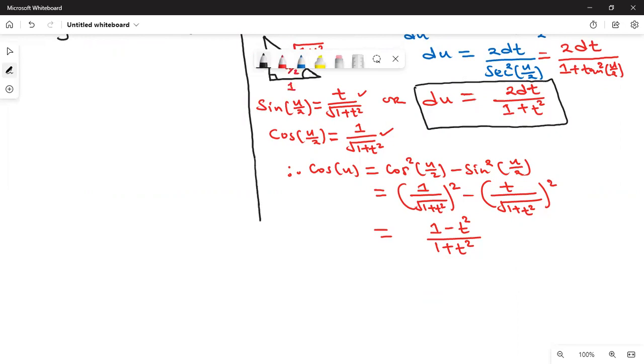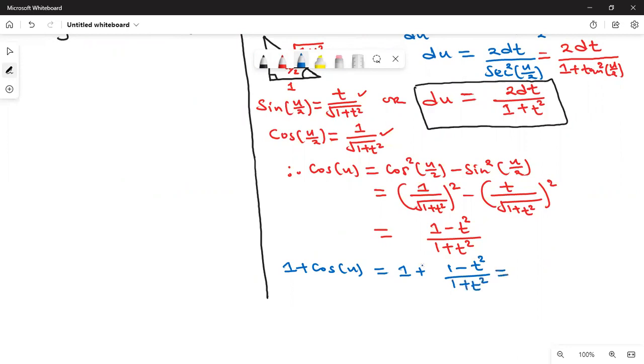I also need 1 plus cos u. So I'll extend this. I now need 1 plus cosine of u. That is simply 1 plus what you have found, 1 minus t squared over 1 plus t squared.